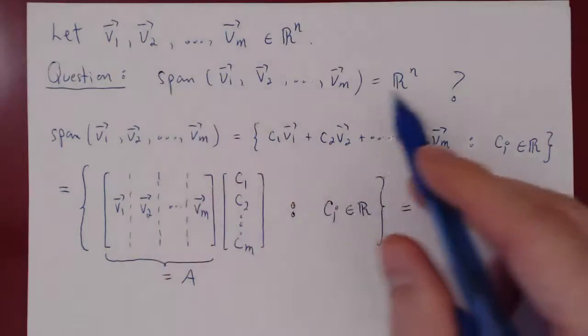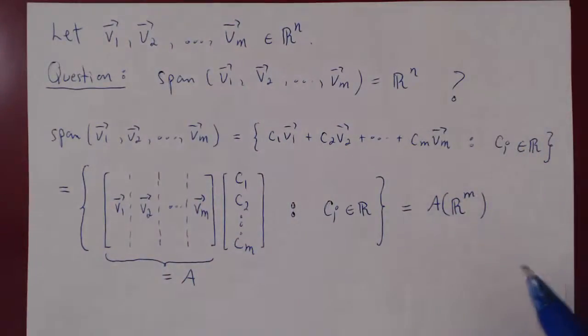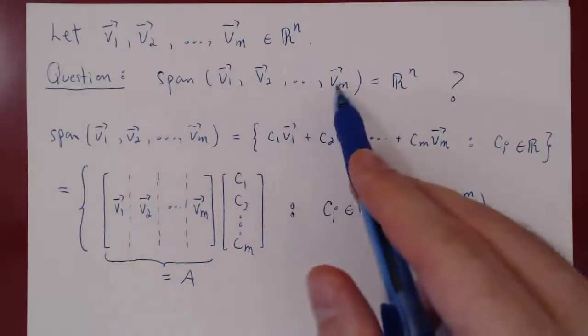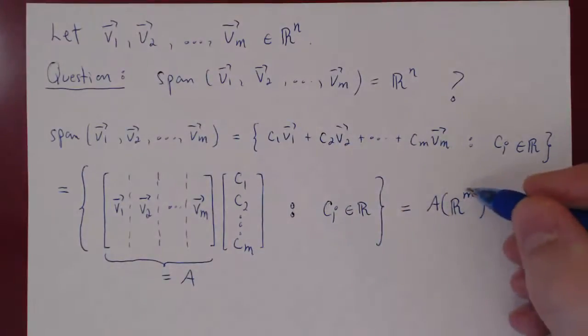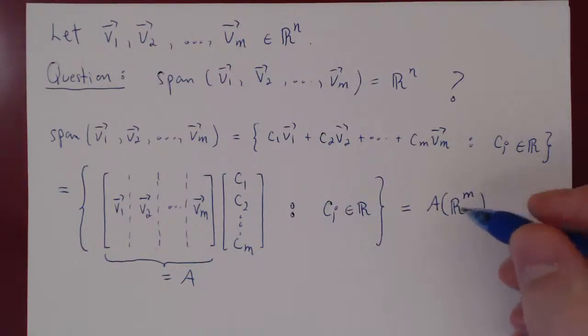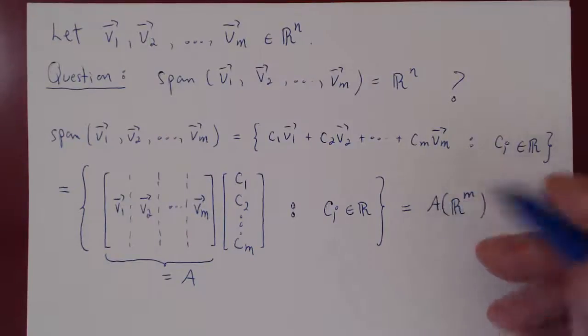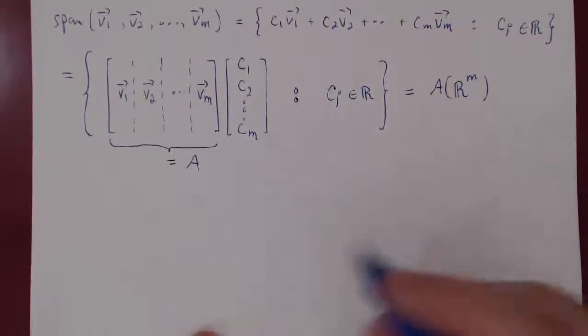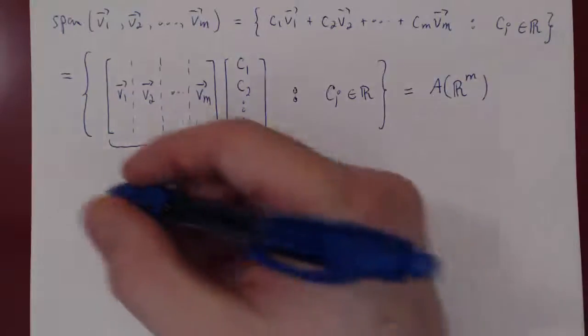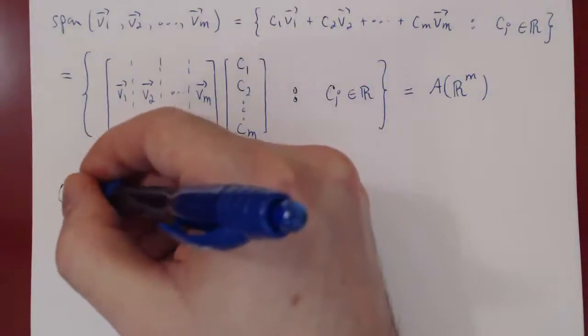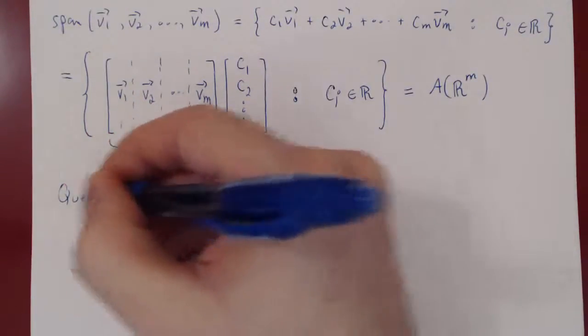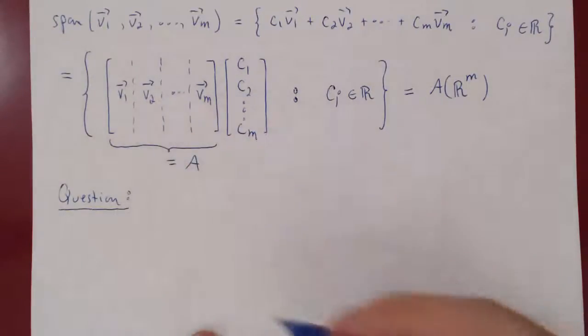And now we can rewrite this equality much more concisely, because the span of these m vectors is simply multiplying every vector in Rm by the matrix A. So our question now becomes, or at least looks a little simpler. All we've done is reword the question.